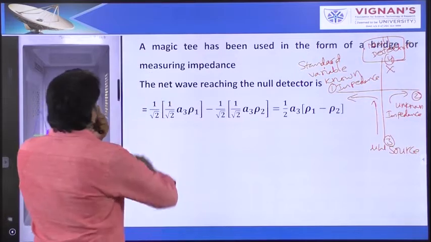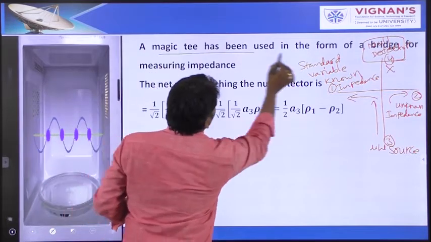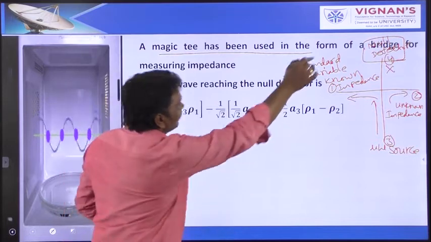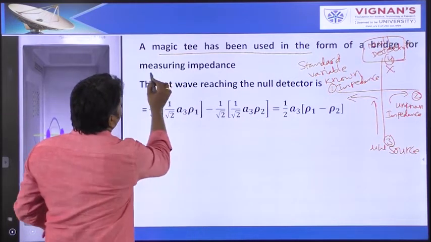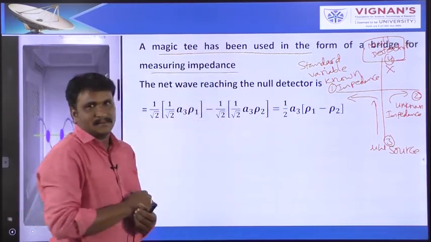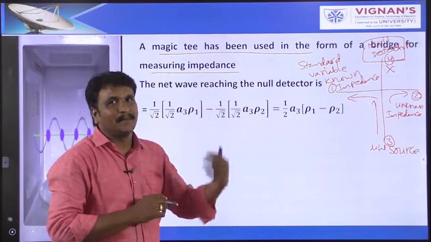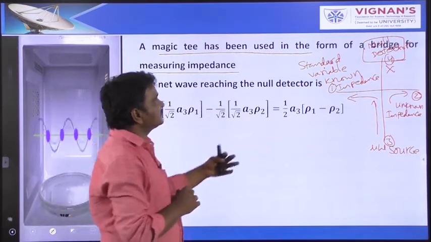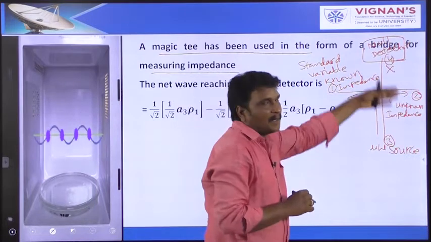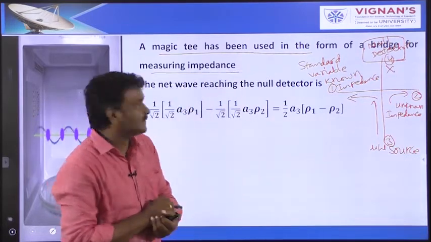See, a Magic T has been used in the form of a bridge for measuring impedance. For measuring that impedance, we can arrange that Magic T in the form of a bridge, right?